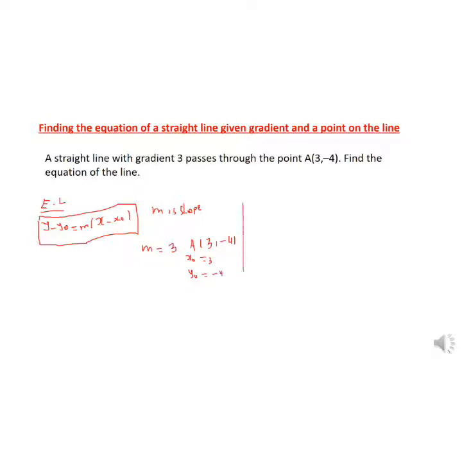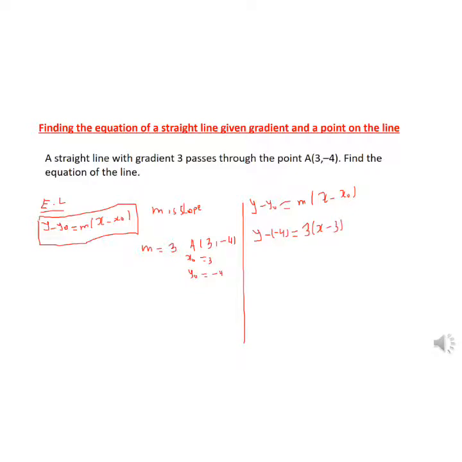So now y minus y0 is equal to m bracket x minus x0. We have to replace y0 by its value, m by its value, and x0 by its value. The equation of the line becomes y minus bracket minus 4, because y0 is equal to minus 4, is equal to m, which is 3, bracket x minus x0, which is 3.